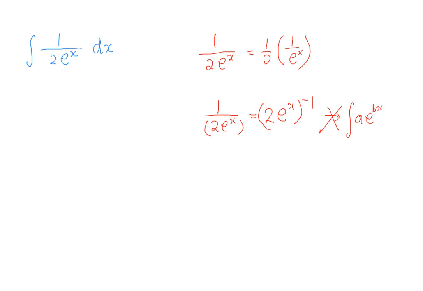The reason is because 2 is also to the power -1. You see or not? So you can't use this rule. But if you turn it to this form, then you can use this rule. This one is okay. You see the difference? So the way you look at things.